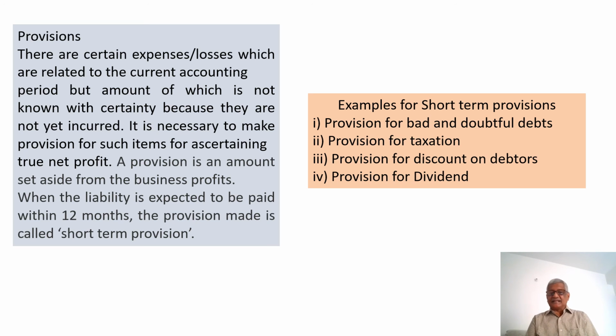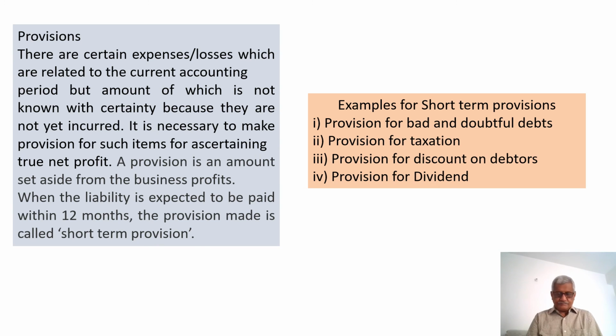A provision is an amount set aside from the business profits. When the liability is expected to be paid within 12 months, the provision made is called a short-term provision. Examples are provision for bad and doubtful debts, provision for taxation, provision for discount on debtors, provision for dividend.